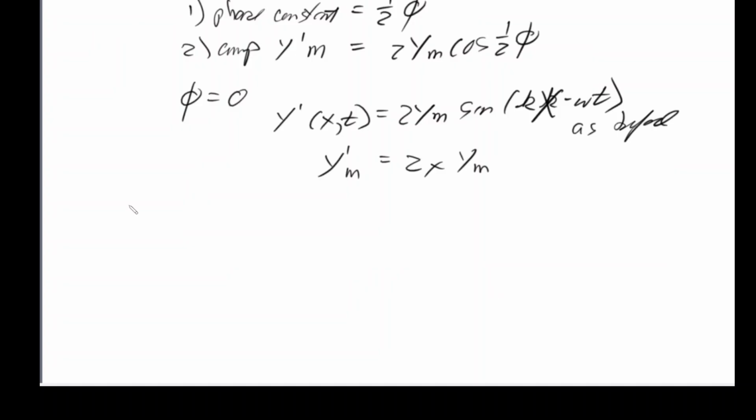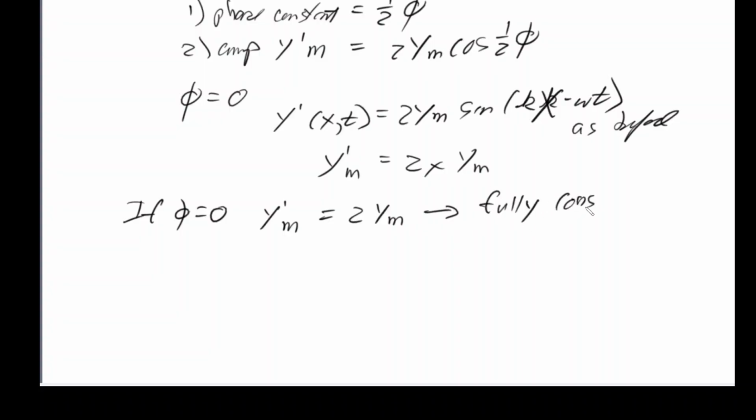So another way to look at this is if phi is equal to 0, then the maximum amplitude of the new wave is at its maximum point and is 2 times the amplitude of the previous waves. And therefore, these two waves have undergone fully constructive interference.